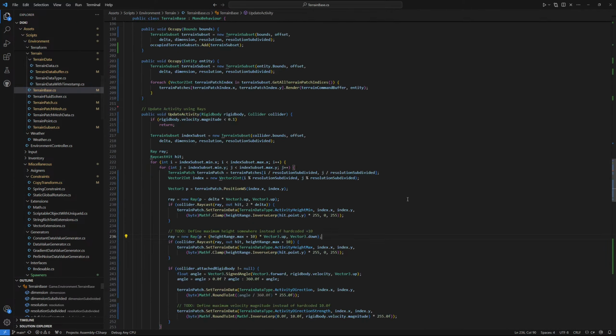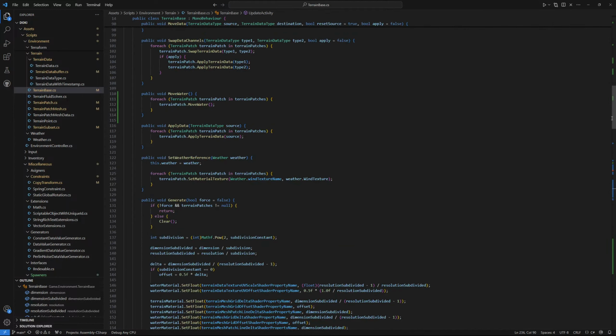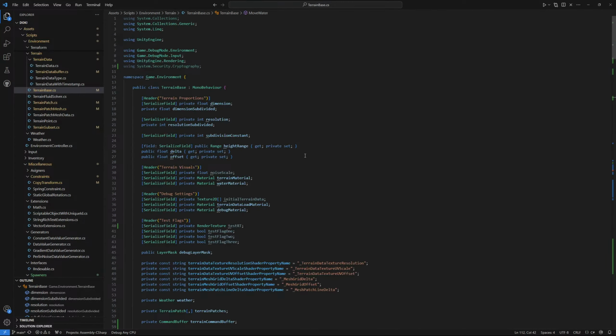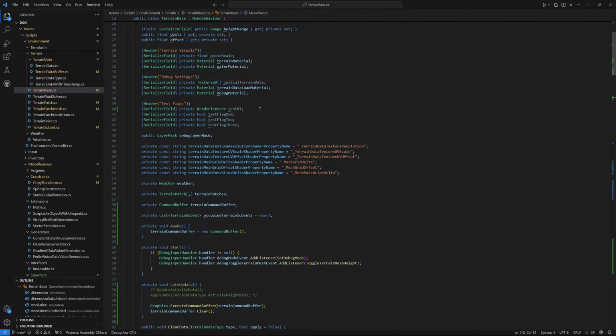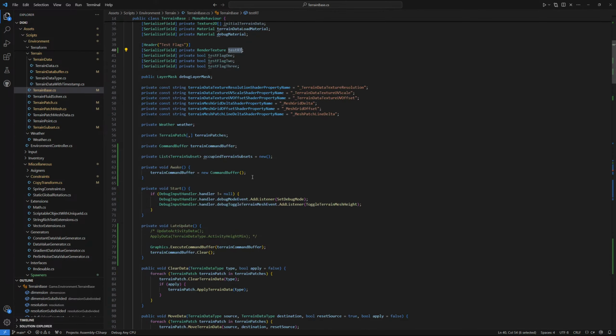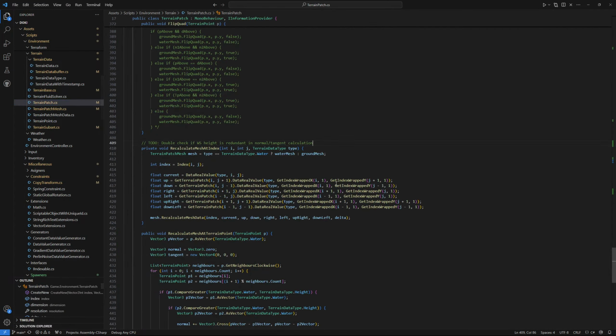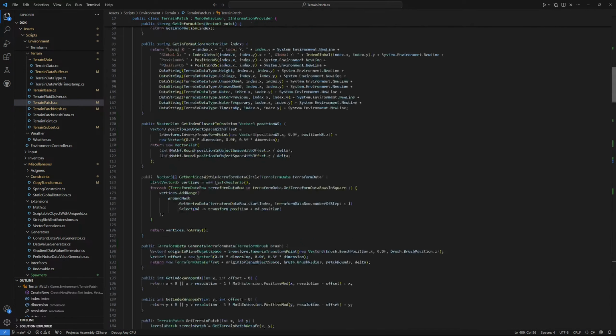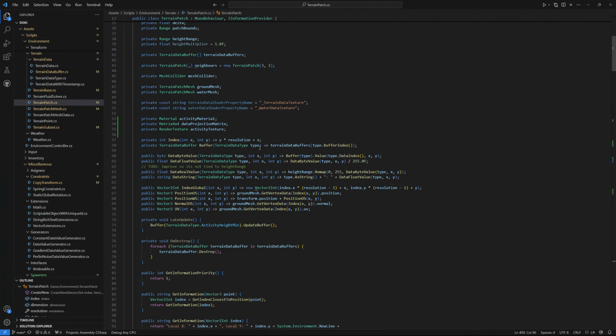Terrain base. We have test RT. Command buffer. Terrain patch. Yeah, we want to make some activity material, data projection matrix, activity texture.